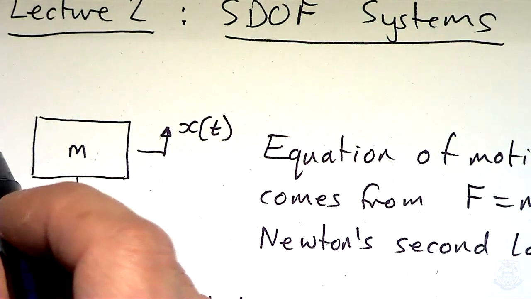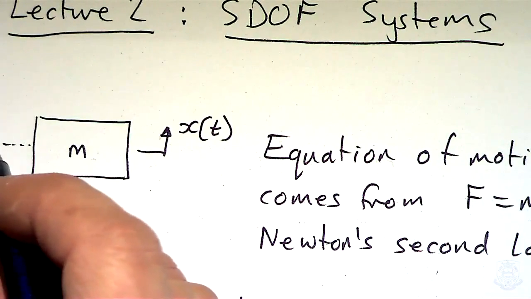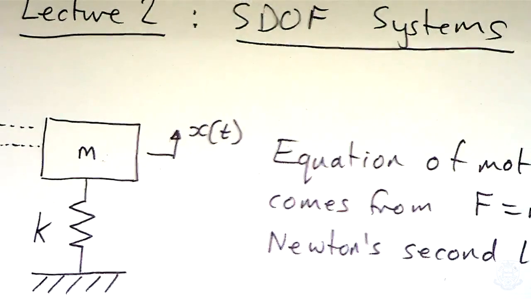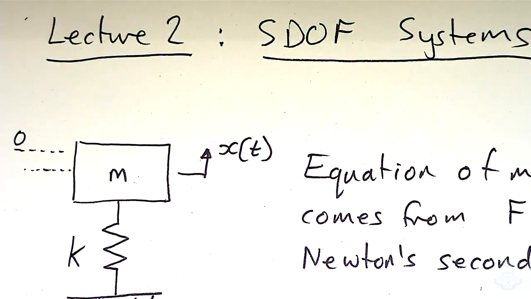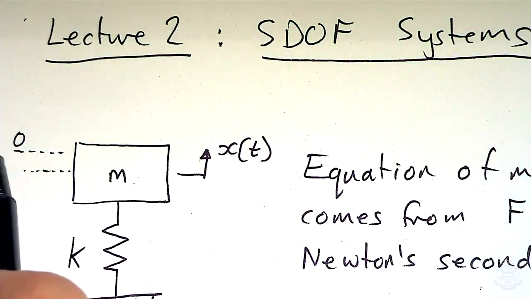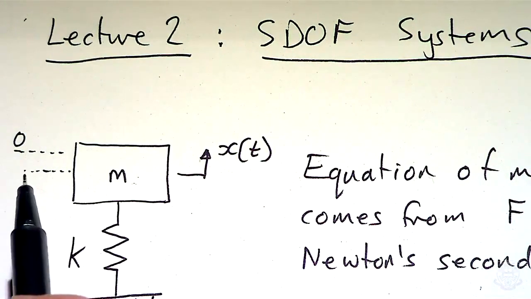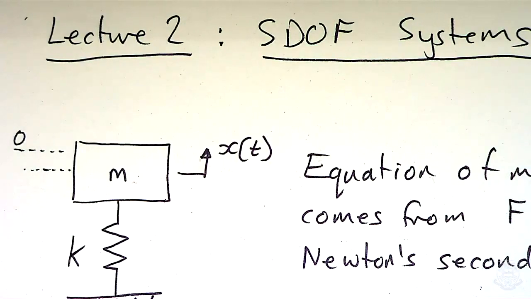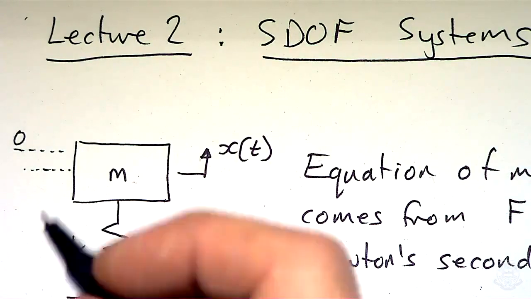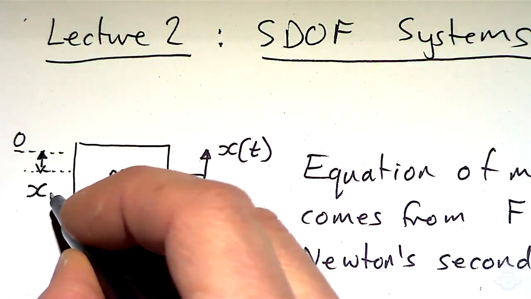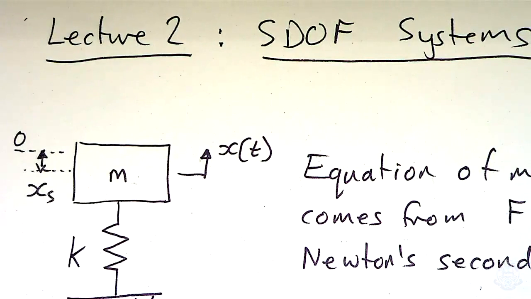There's some initial zero position here, and when we put the mass on top of the spring, it goes down just because of gravity. Okay, it just pushes the spring down because of gravity. And that little bit of movement there we're going to call x subscript s, which is x static. Okay, so that's the amount that it moves down just due to the mass being put on top of it.